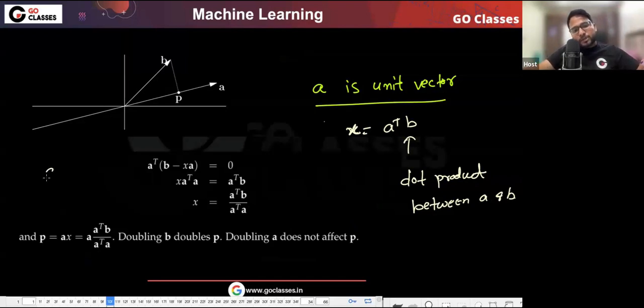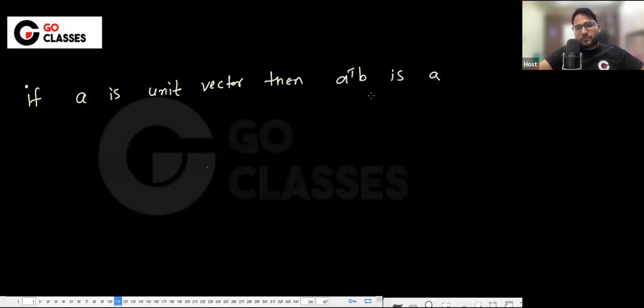A transpose B is a projection. It's a projection of B on A.